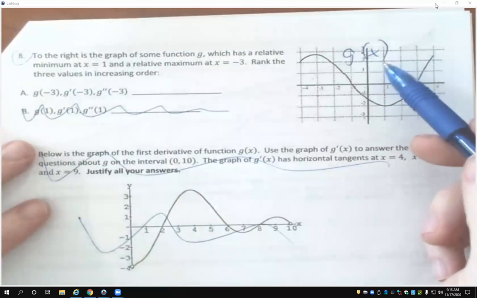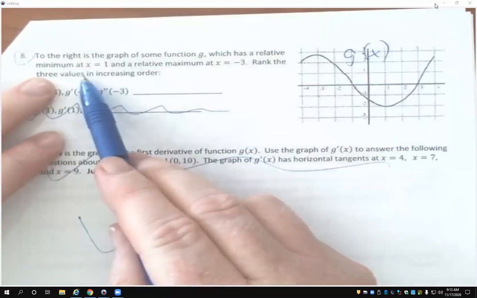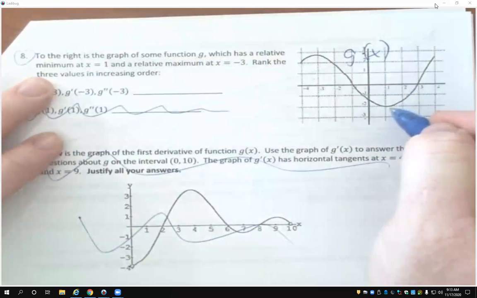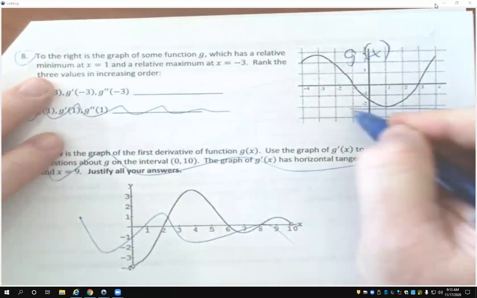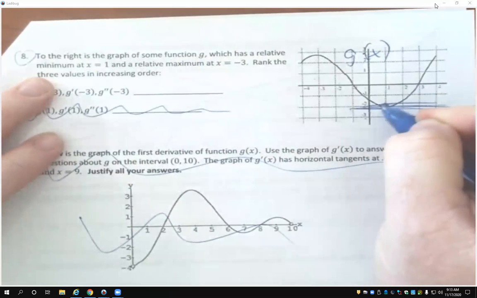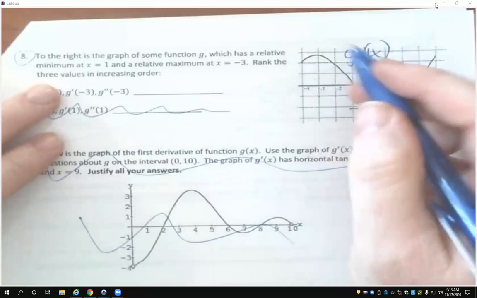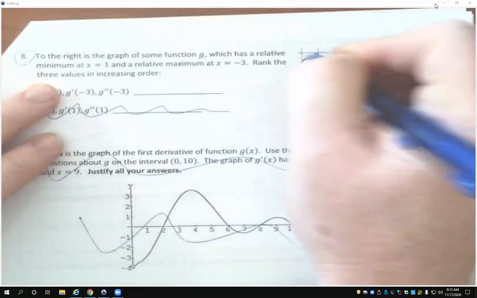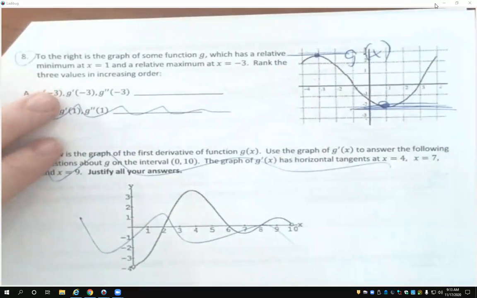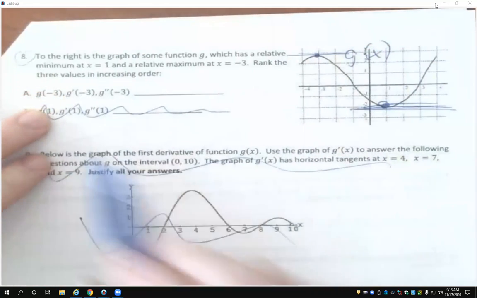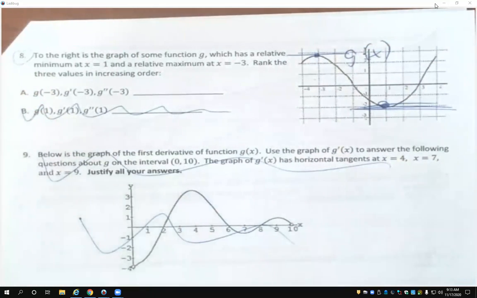It's an original function, which has a relative min at x equals 1, which means we have a horizontal tangent here. There's a min. And we have a relative max at x equals -3. Horizontal tangent there. Rank these values in order. So here's what you need to know before we get into this problem. When they give you 3 values like this, we're not going to be able to find specific values.